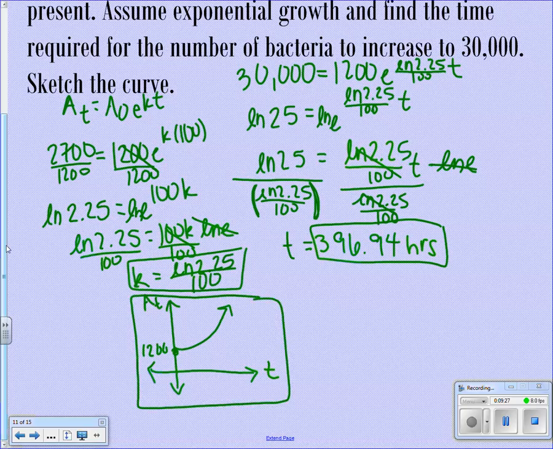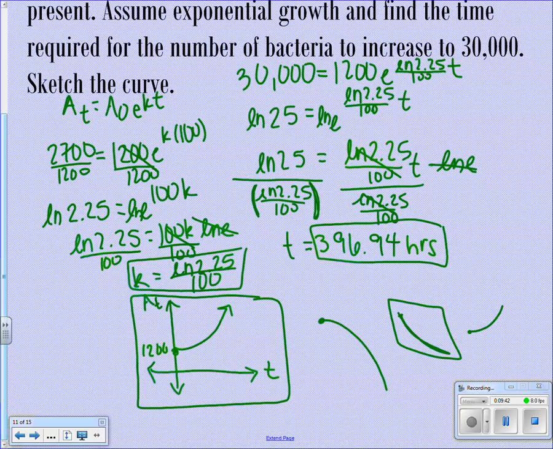That's it, okay? Now if you decrease, you would not do this. That's not an exponential curve when you're decreasing. A decrease would look like this. So you're either going to have this one, or you're going to have this one, okay? So one of those two is going to be what your curve looks like.